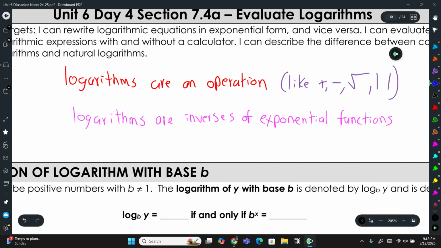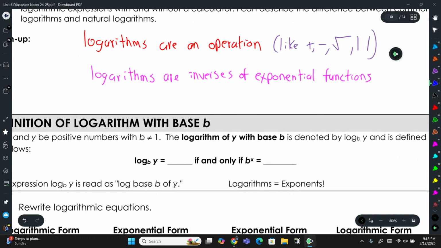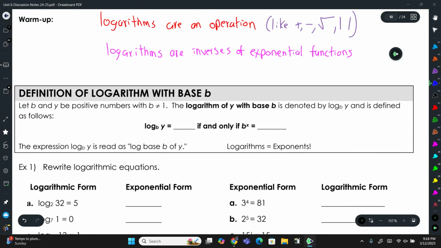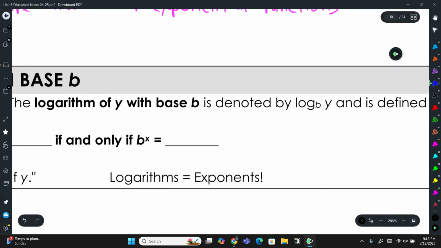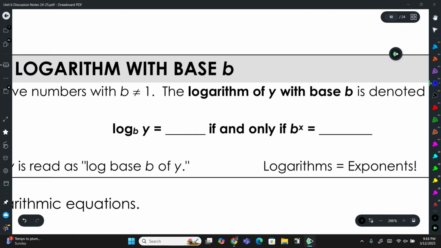So the definition of a log or logarithm we have right here: let b and y be positive numbers where b is not equal to 1. The logarithm of y with base b is denoted by log base b of y. That's how you read that. And it is defined as follows below.